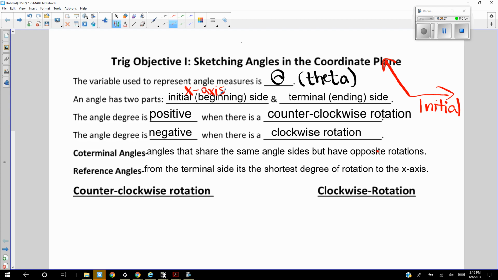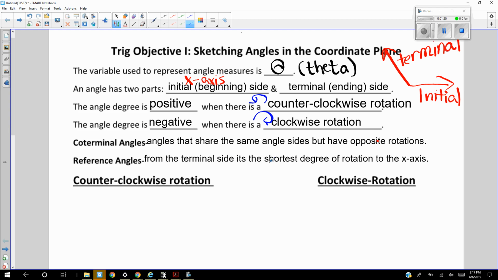And the ending side is called the terminal side. Angle degree is positive when there is a counterclockwise rotation, and negative when there's a clockwise rotation.